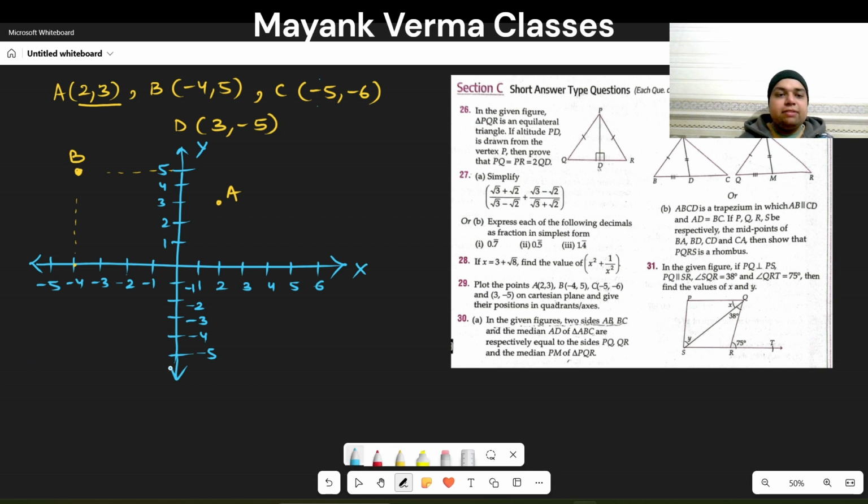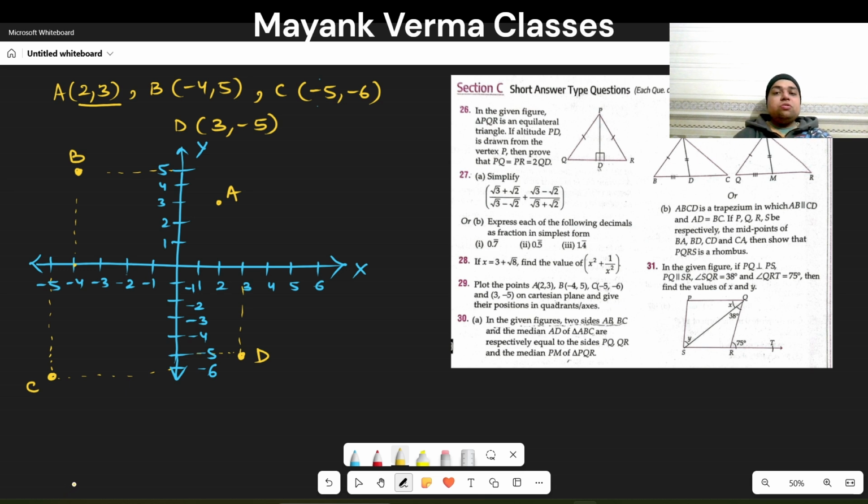So here I need minus 6 here. So minus 5 is this and minus 6 on the y-axis will be this. So this will be the intersection point here, that is C. And 3, minus 5. So 3 is here, minus 5 is here. So this will be D.